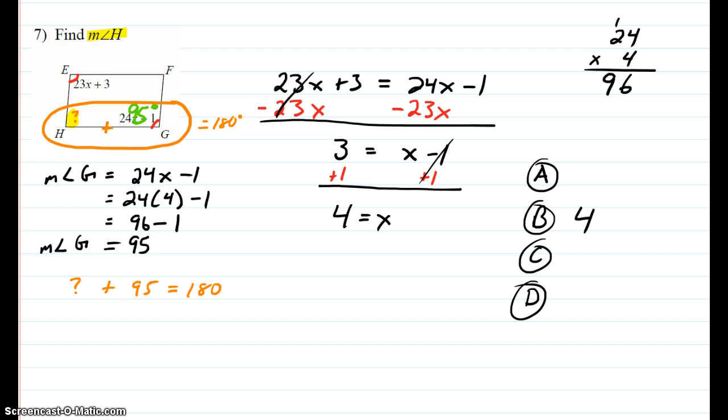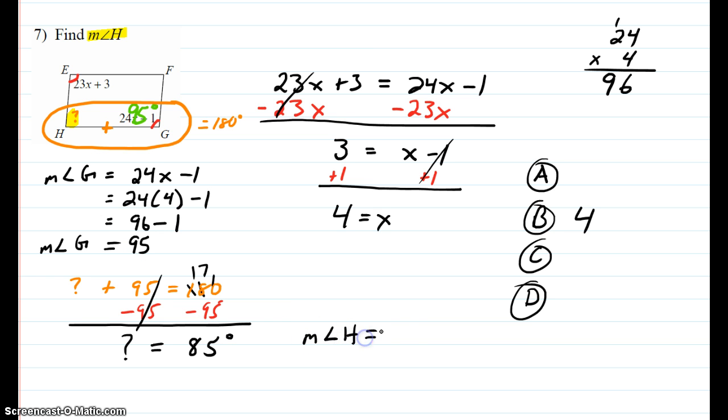Now we just have to minus the 95 from both sides. So our question mark is 85 degrees. That means the measure of angle H is equal to 85 degrees.